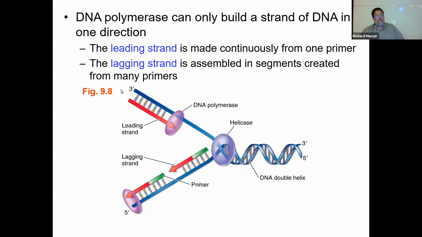The DNA polymerase on this side is putting in the nucleotides on the naked strands, as they call it. So that means it's going to continue putting the nucleotides in. You see that? That's on the 3' end, by the way. So this is the leading strand.